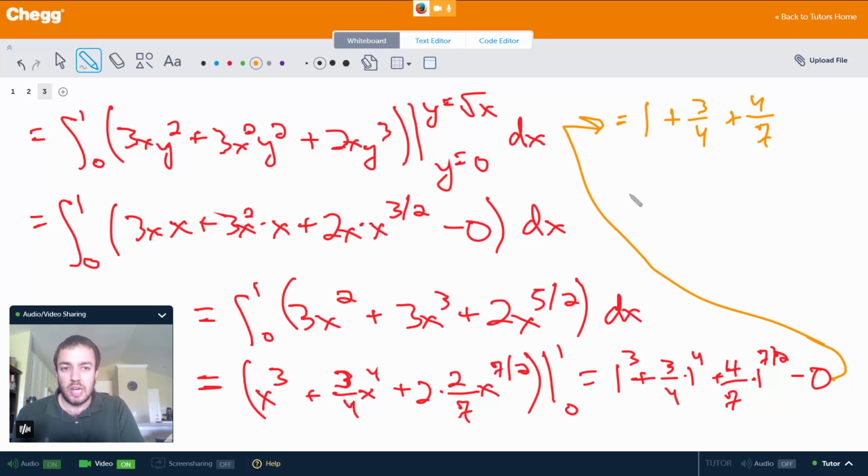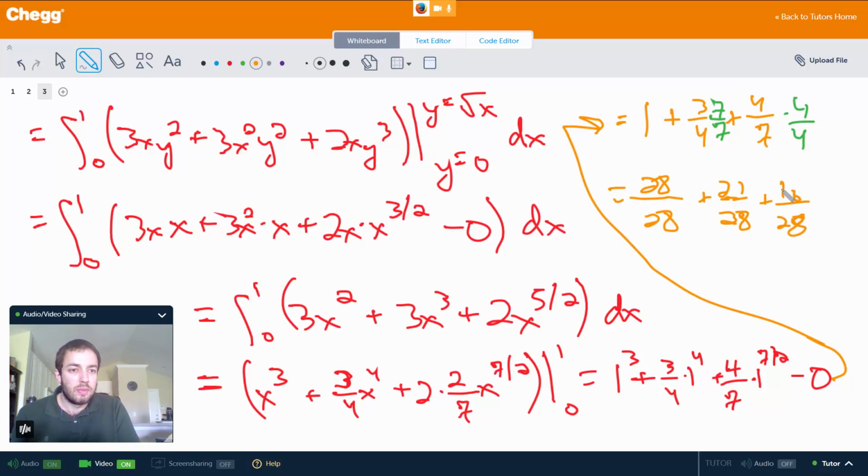And we're going to want to get a common denominator to simplify, and our common denominator is going to have to be 28, it looks like. So 1 is 28 over 28. And then what we're going to do here is multiply this by 7 over 7, and this by 4 over 4. So this is going to be plus 21 over 28, and then plus 16 over 28.